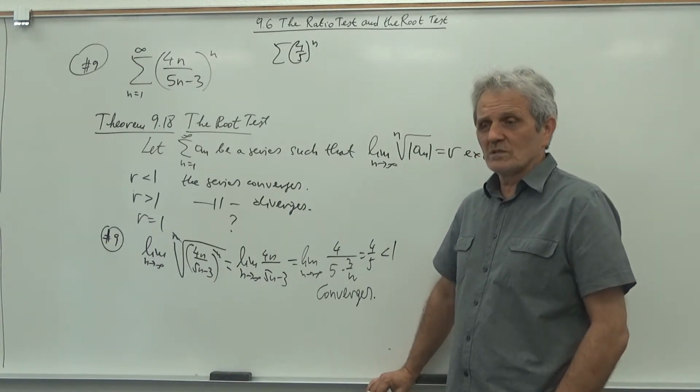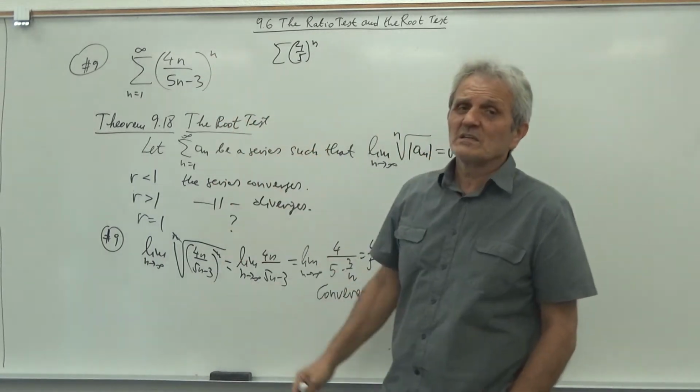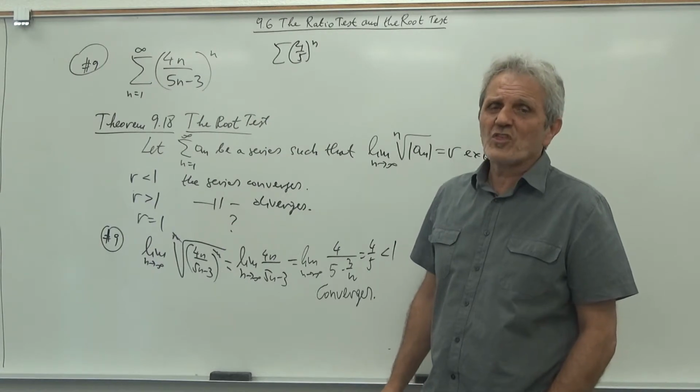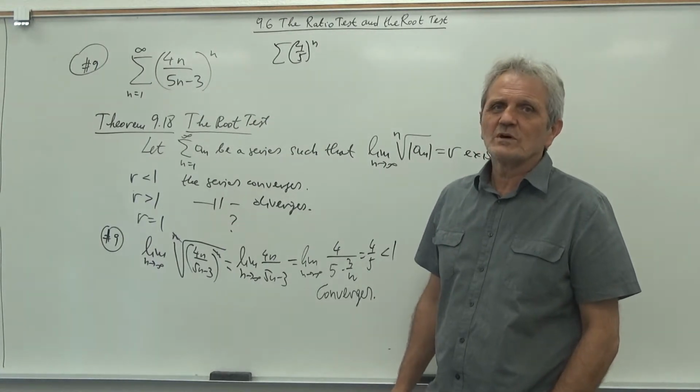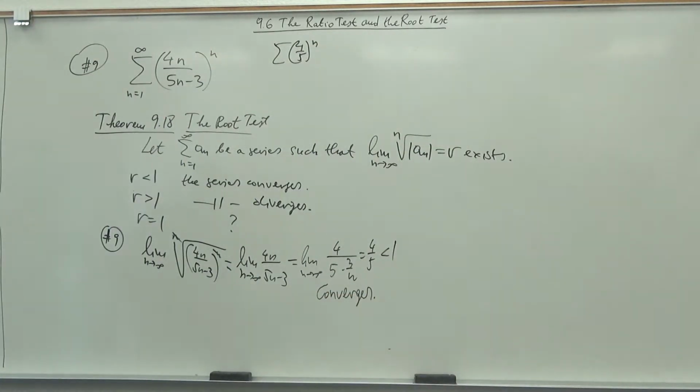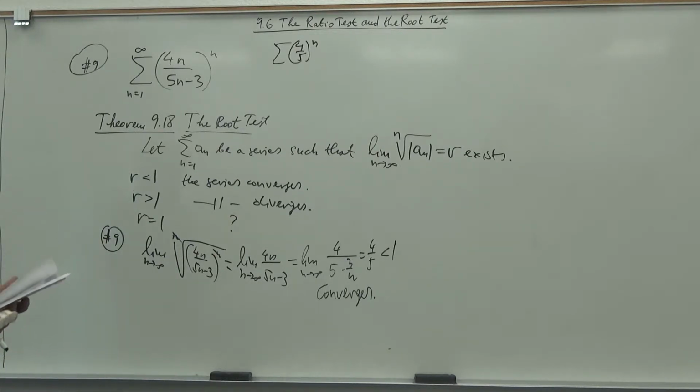I recommend both. If you see exponents, then use the root test. But if you see factorials, then don't even think about the root test. Definitely do a ratio test. So generally each of them has its own situation where it dominates. Let me do a couple more problems and then we'll comment on which one to use.